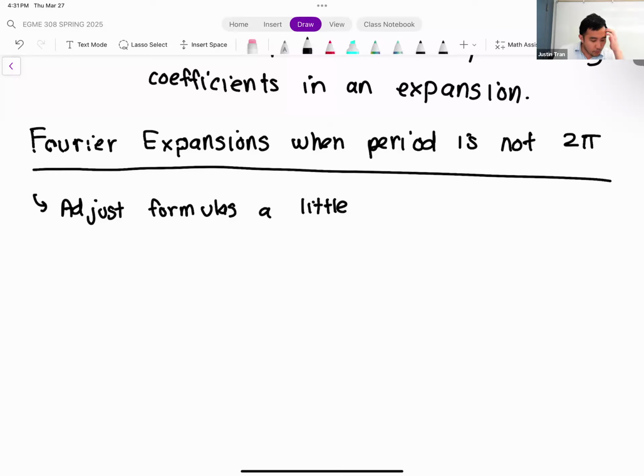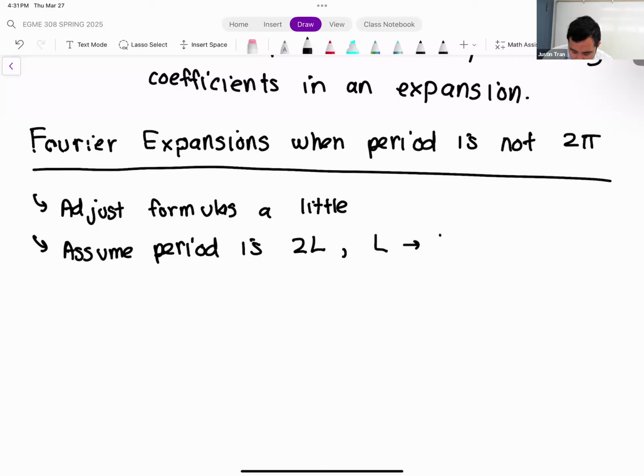Okay. And so for all these formulas, we're going to assume that our period has a value of 2 times L. So in other words, L is our half period. Okay.